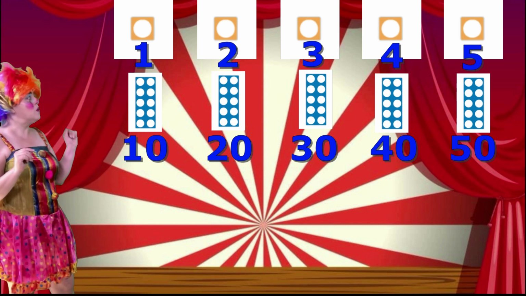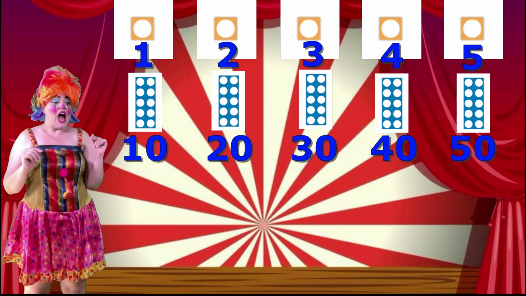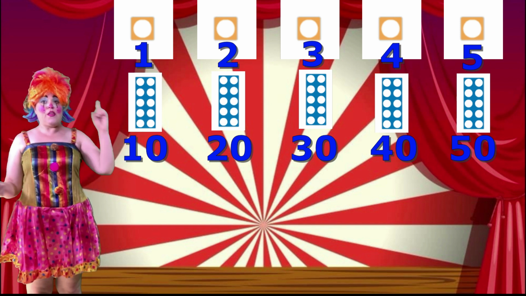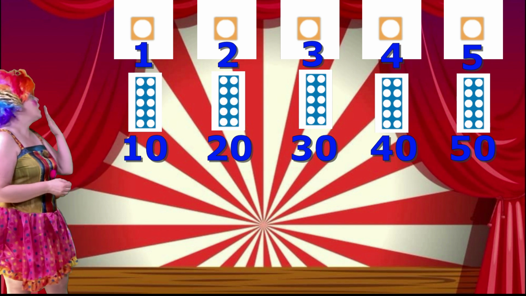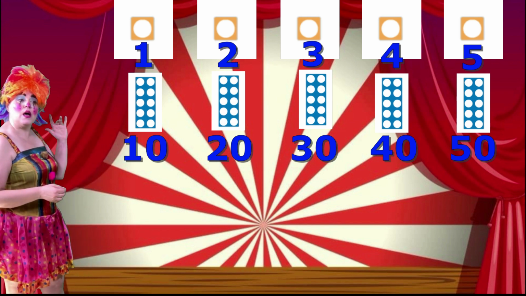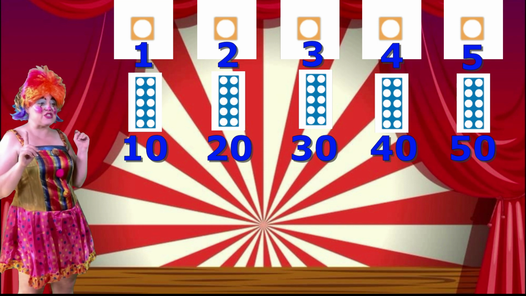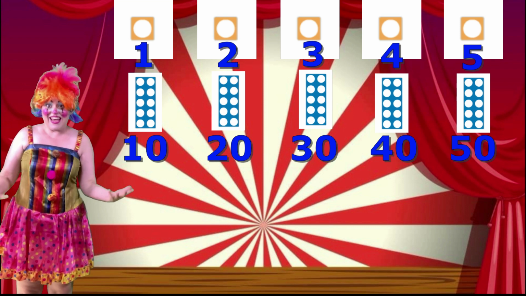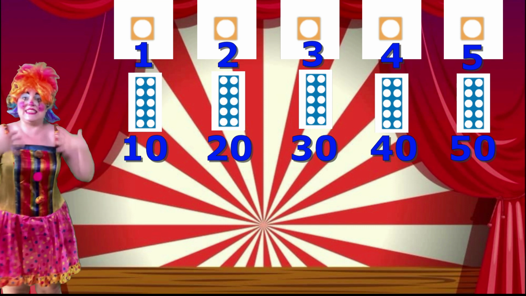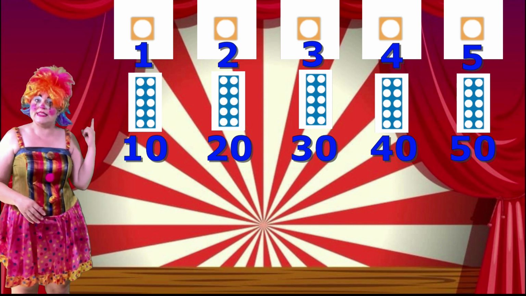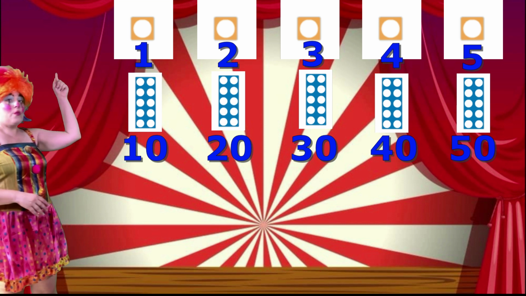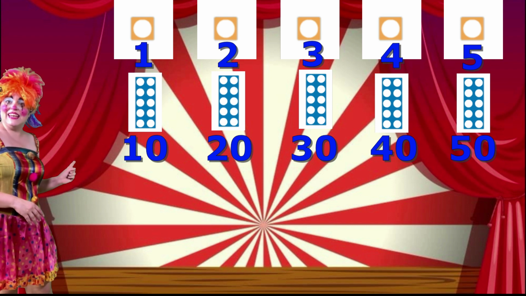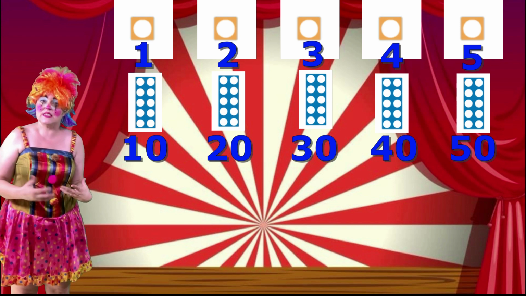So, what do you notice about the numbers that are 10 times larger than the 1-digit numbers? That's right. The tens in the tens number is the same as the 1 in the units digit. So 1 has a 1 and the 10 has a 1 in the tens place.